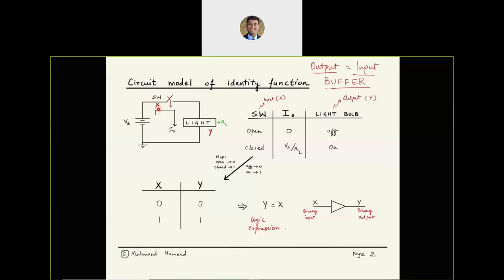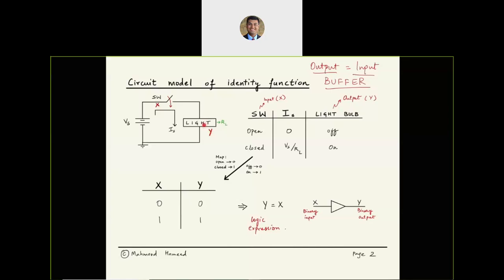In this case, it's going to be a binary variable which can hold low or high value or open or closed value. That's X. And we have the light, and it could be off or it could be on, and we are going to represent that state of the light as Y. So either on or off.